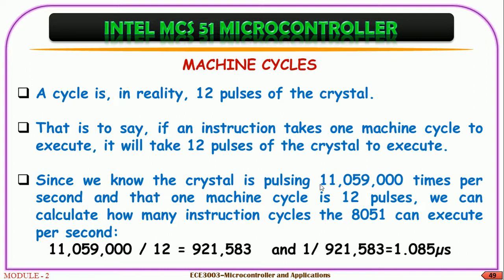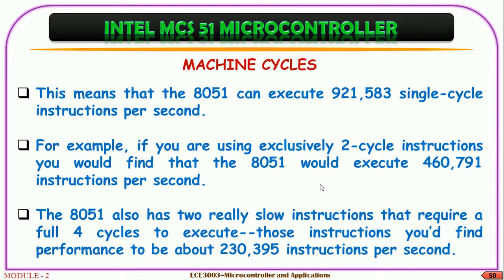So 11.059 million divided by 12 is 921,583, and 1 divided by this value equals 1.085 microseconds. Therefore, one instruction cycle takes 1.085 microseconds. That means the 8051 can execute 921,583 single cycle instructions per second.